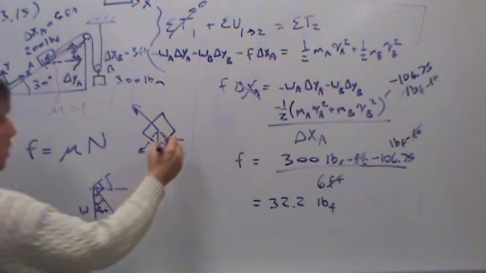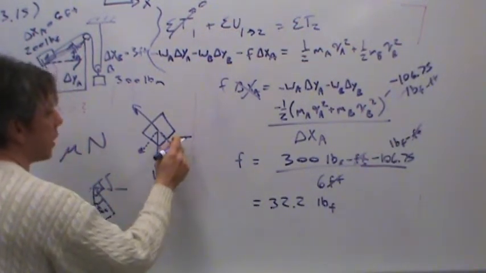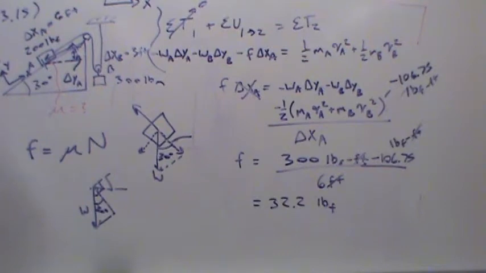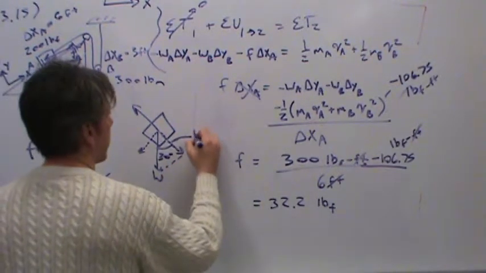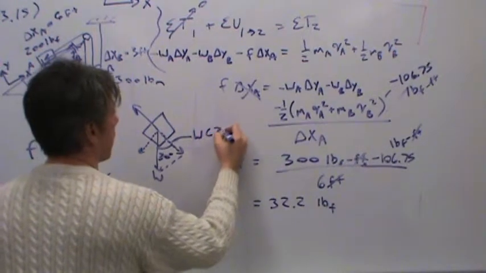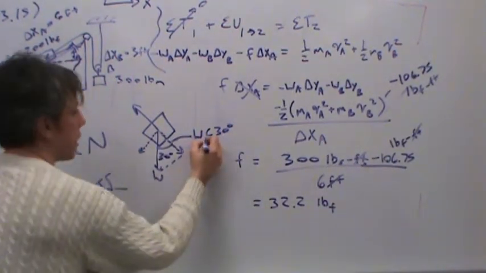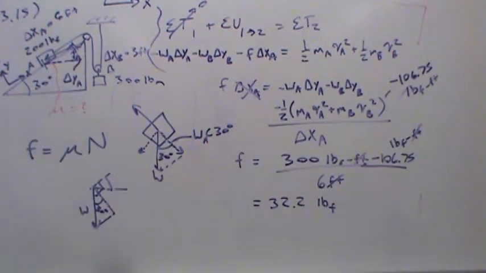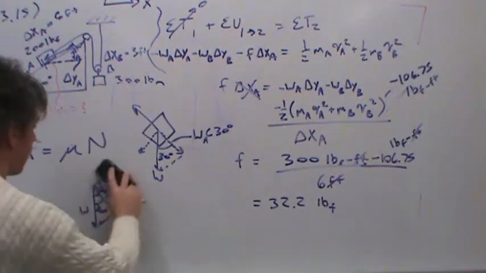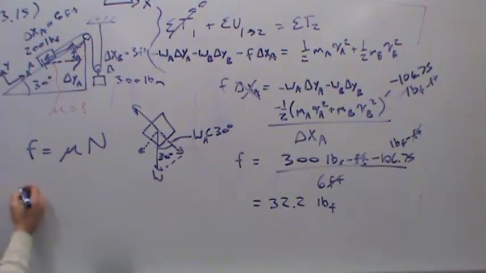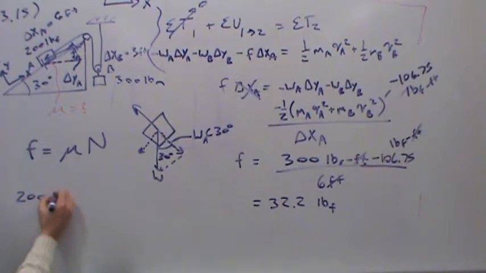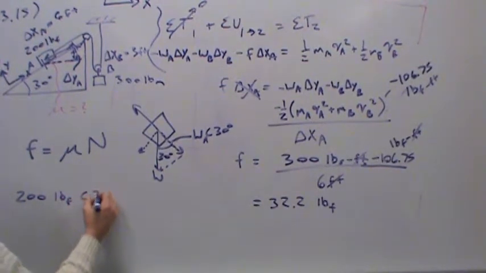And so to get this component over here, which is what I want, do I need to use sine or cosine? Cosine, good job. So I need the weight multiplied by the cosine of 30 degrees, and this is the weight of A, by the way. Let's figure that out. The weight of A is 200 pounds force, cosine 30 degrees.